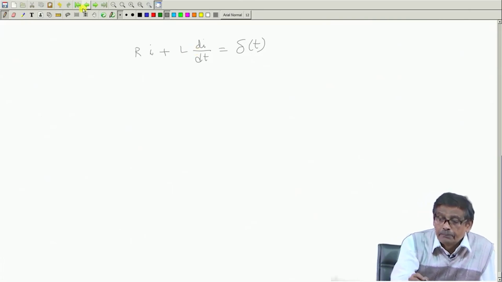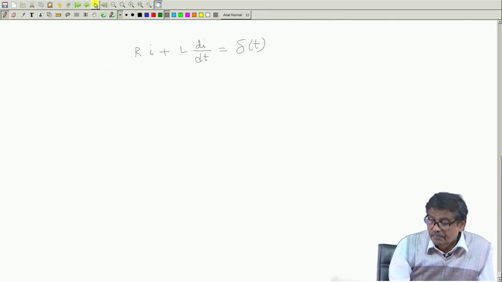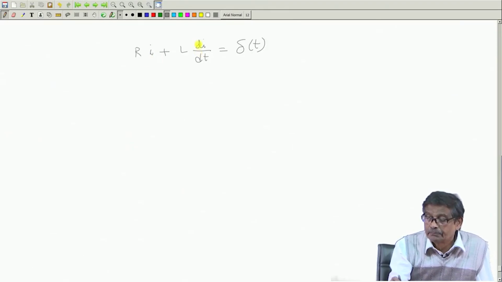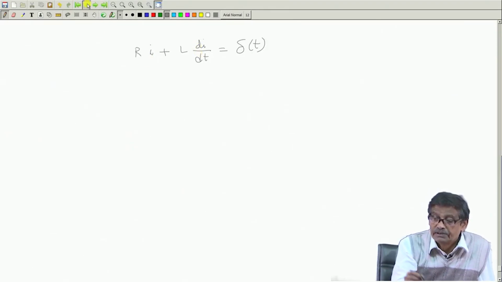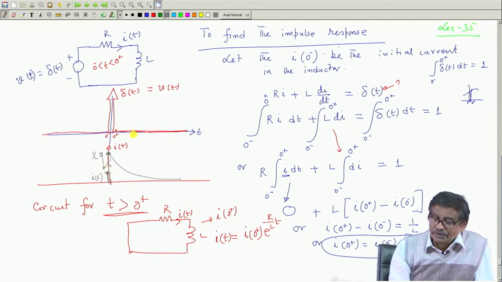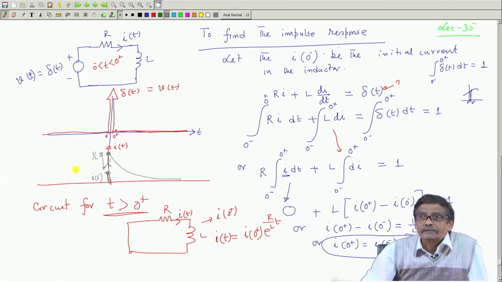That is what has happened. Here is a step jump from this to this by whatever amount is caused by this impulse. That is what this equation tells me.